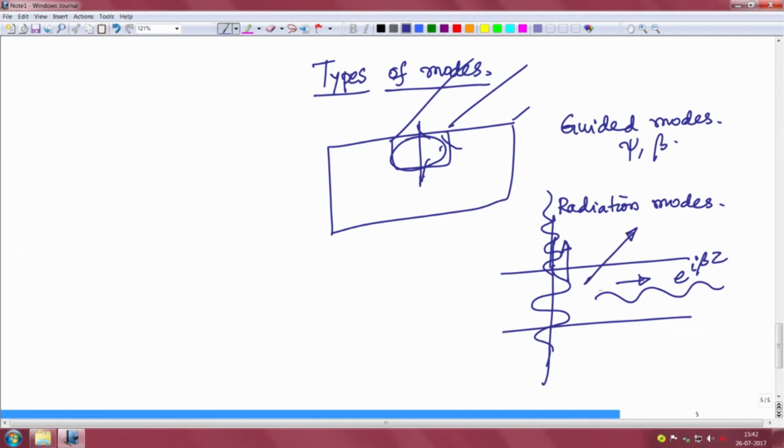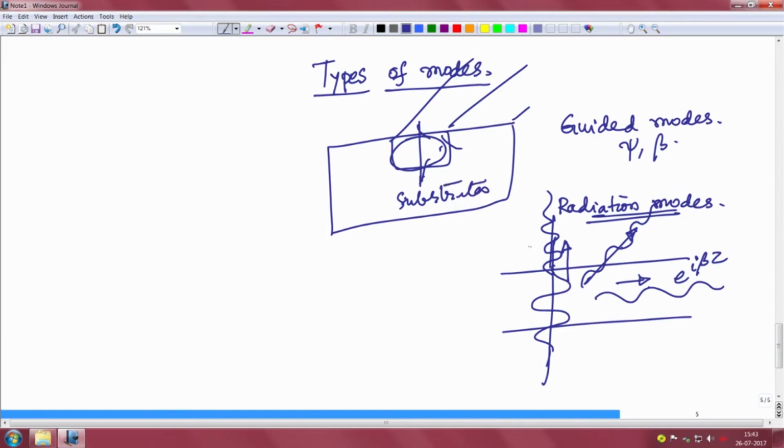The combination of wave vectors along the z direction and along the transverse direction could lead to a wave which is propagating at an angle. This can be considered to be representing the radiation modes. Radiation modes are the modes which leak out of the optical waveguides. Several terminologies are used. For example, the radiation modes that leak into the substrate are called the substrate modes.